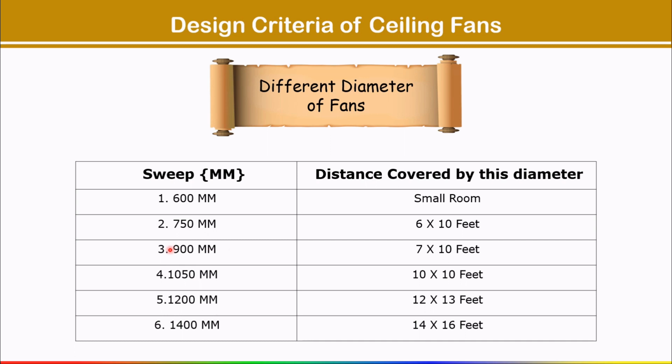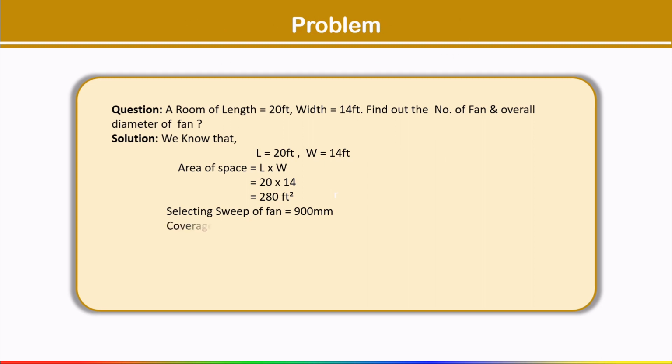Here I am taking a 900 mm sweep fan. If you take a 900 mm sweep fan, you can see this fan can cover how much area? One fan can cover 7 into 10, 70 square feet area. So the coverage area of a 900 mm sweep fan is 70 square feet.